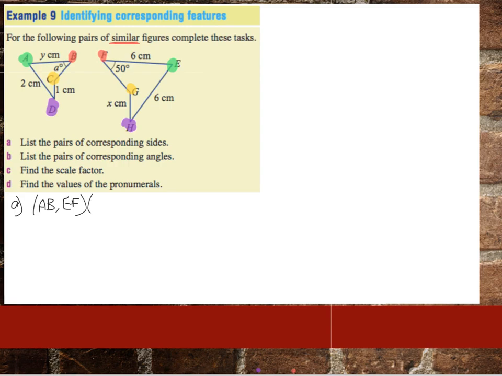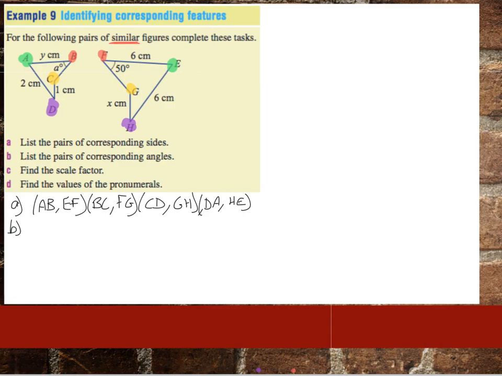The next pair will be BC. So it's red and yellow, which partners with red and yellow, which is FG. Then we have CD budding up with GH, right order. And then our last one is DA, which is purple-green, the same as purple-green, which is HE. Alright, nice, straightforward, no hassles.